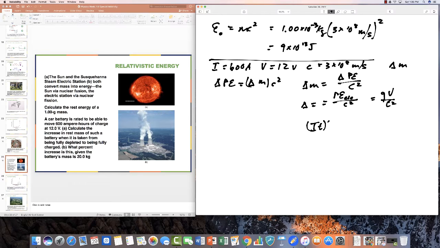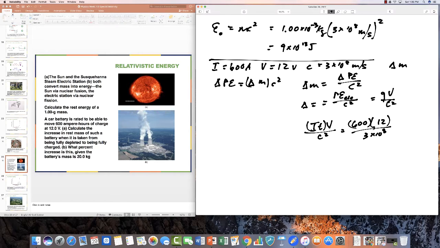We have numbers for all of this: I t is 600 amps per hour, times 12 volts, divided by 3 times 10 to the 8th meters per second squared.